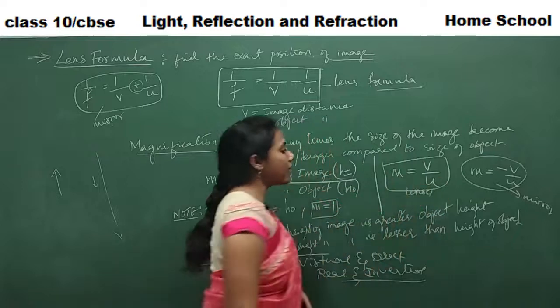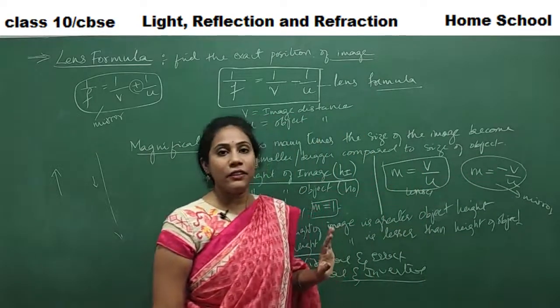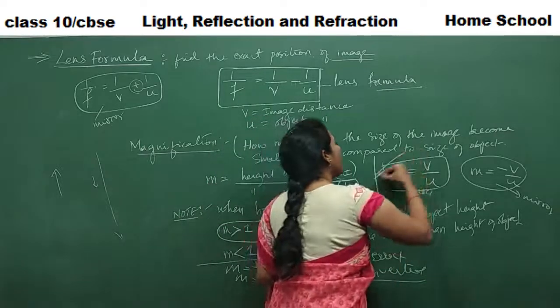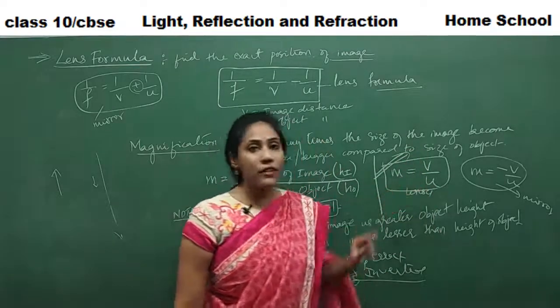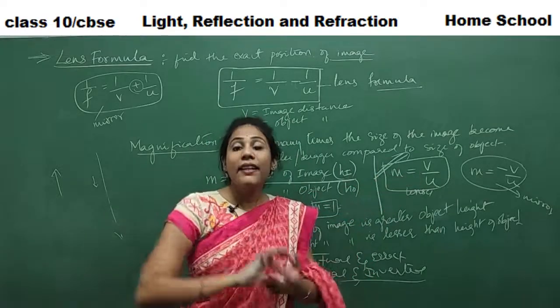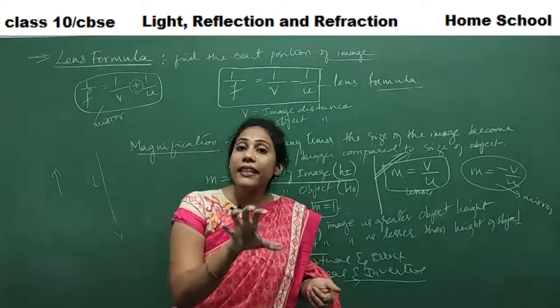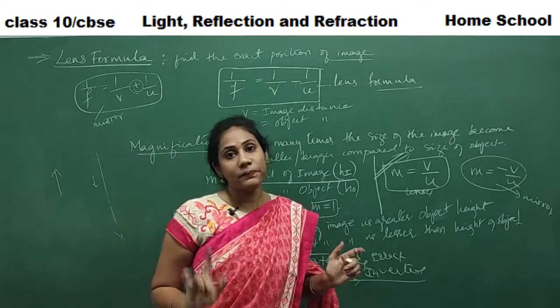Tell me what is the difference? Here you had a minus sign, here you don't have a minus sign. Actually, this is the formula we frequently use to calculate the magnification value, to calculate to how much extent the image size decreased or increased compared to object size. Clear?